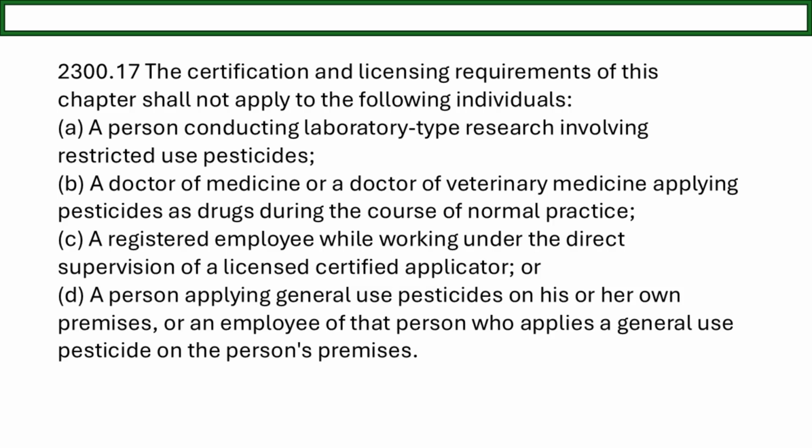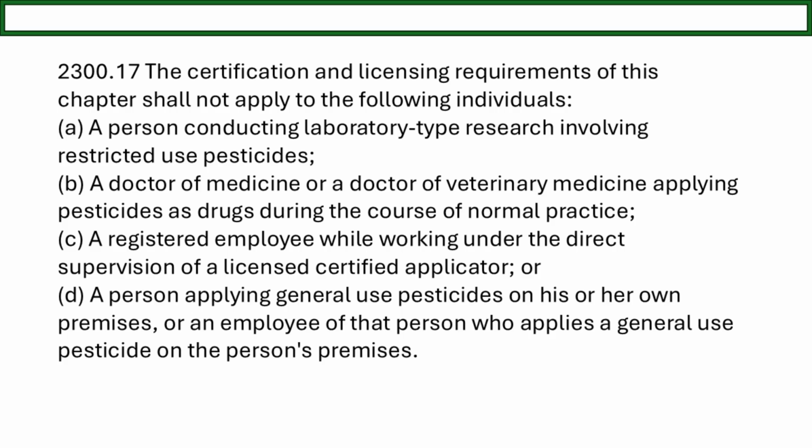2300.17. The certification and licensing requirements of this chapter shall not apply for the following individuals. A. A person conducting laboratory-type research involving restricted-use pesticides. B. A doctor of medicine or a doctor of veterinary medicine applying pesticides as drugs during the course of normal practice.